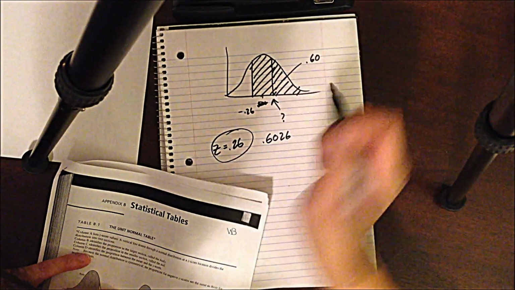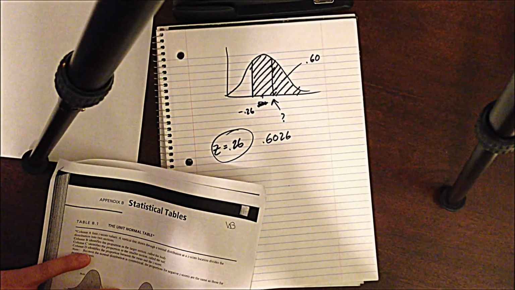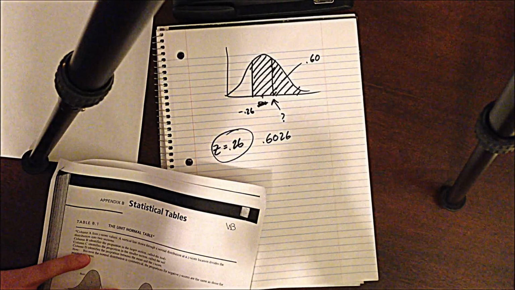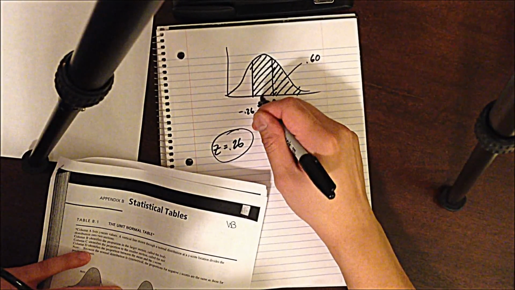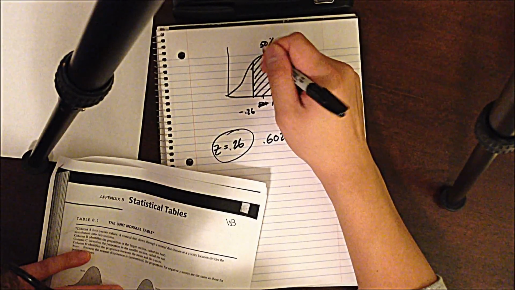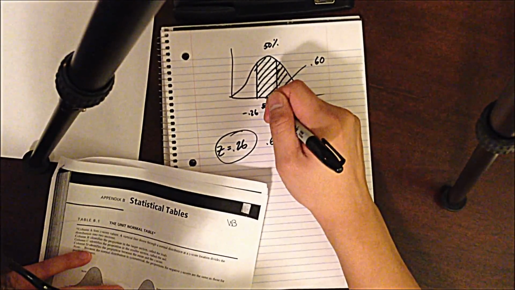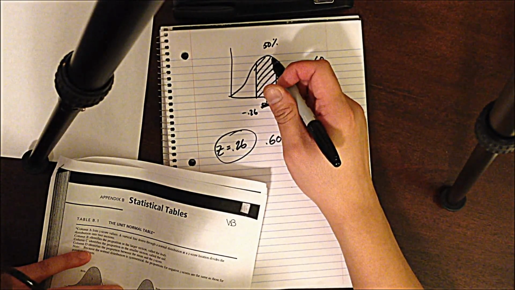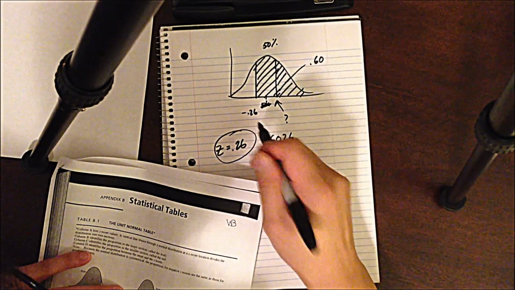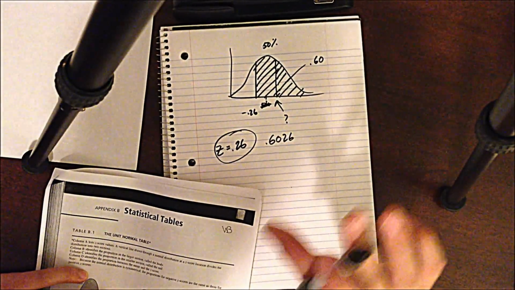We know that 50% is here, right? And this is 0. And we know that 60% by definition has to be a little bit left of it. So this is negative 0.26. So this is a little tricky.